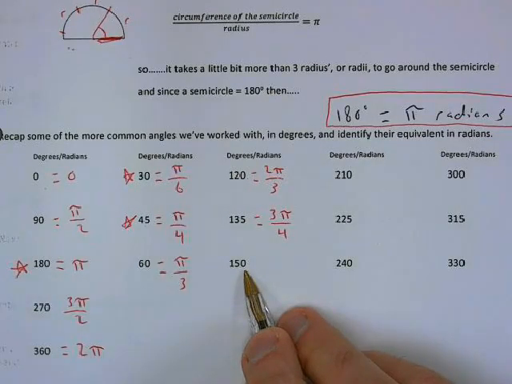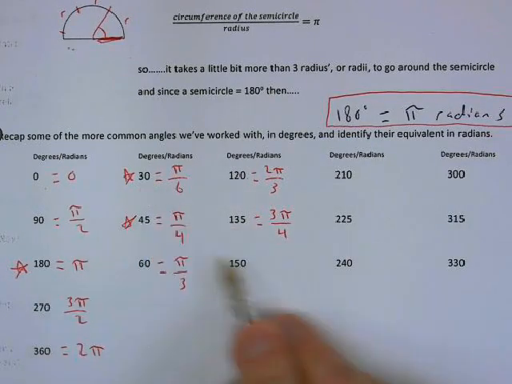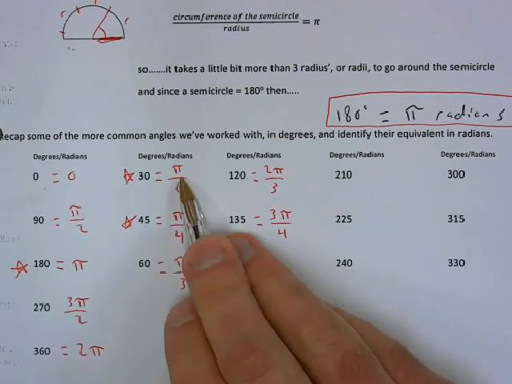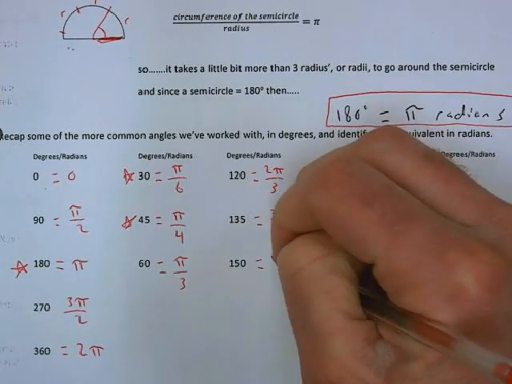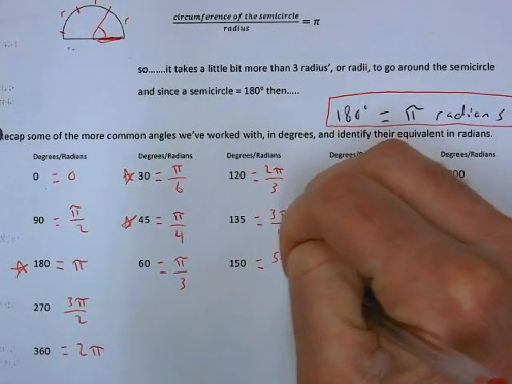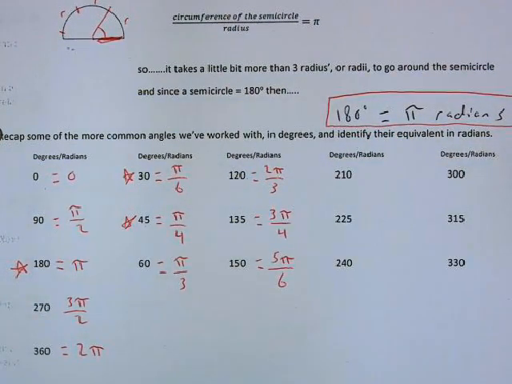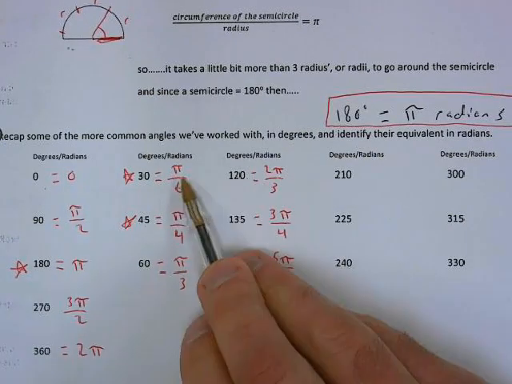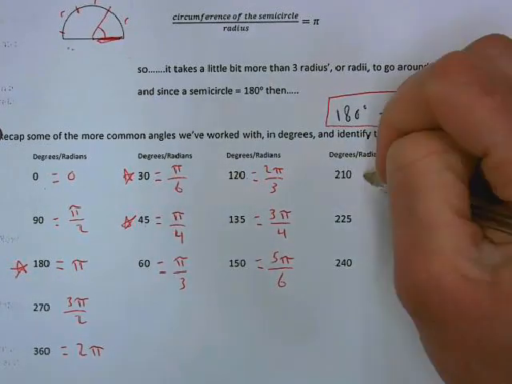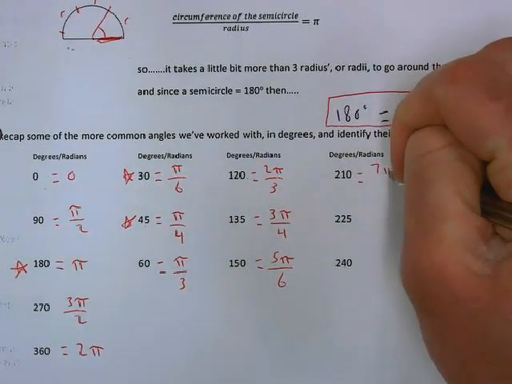So find a good multiple of that. How about 30 degrees? 30 times 5 gives me 150. So then this times 5 gives me my answer in radians. And then pi over 6 times 5 is just 5 pi over 6. Okay. Next, 210 degrees. Let's see, 210 is just 30 times 7. So then 7 times that gives me my answer in radians. So that'd be 7 pi over 6.